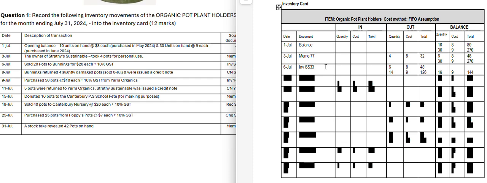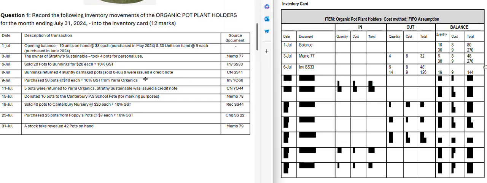Again, record your source doc. 6 from the old pile, 14 from the new pile. You need to work out your maths. 6 times 8 is 48. 14 times 9 is 126. So that pile from the $8, the old pile, they're gone. And now we're left with 30 minus 14 gives us 16 on hand for the newbies.